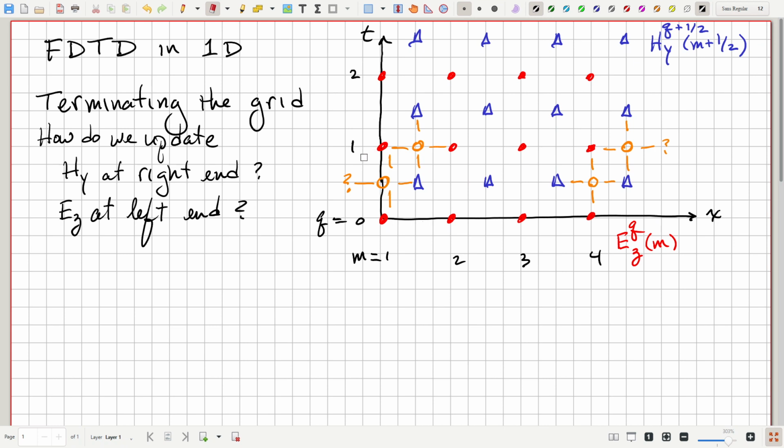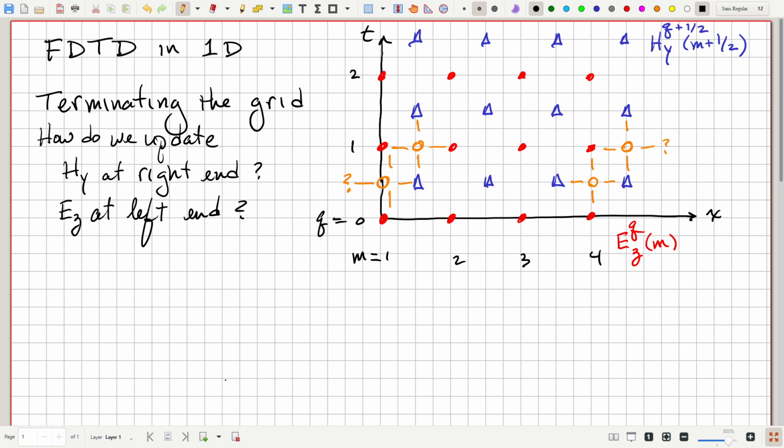You always are shorting out the electric field. That's exactly what would happen if you put a perfect electric conductor at that point. Well, what's going to happen physically? You're going to get reflections. And likewise over here at the right, if the HY is always equal to 0, no matter what the fields are, well, that's like a perfect magnetic conductor. It shorts out the magnetic field. So we saw that in the reflections from the left and the right ends of the grid in our previous simulations.